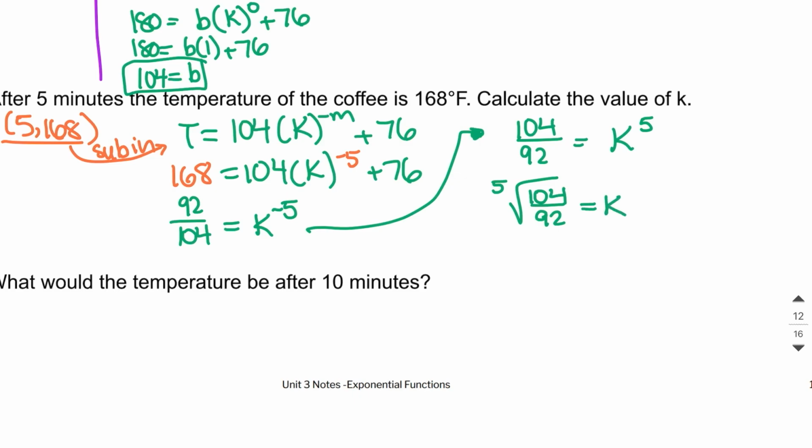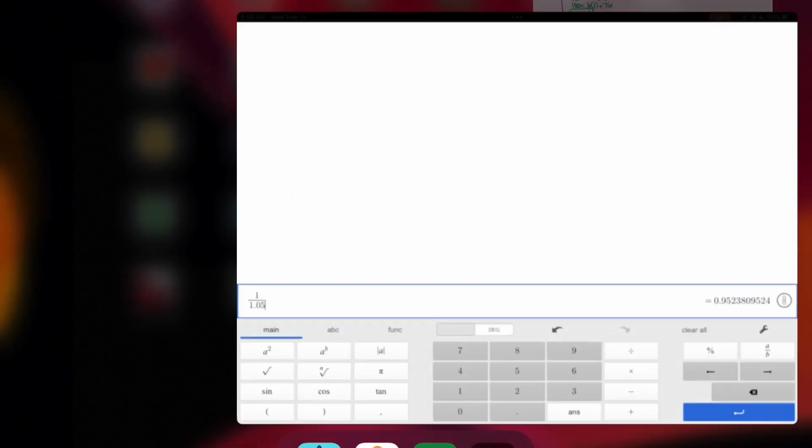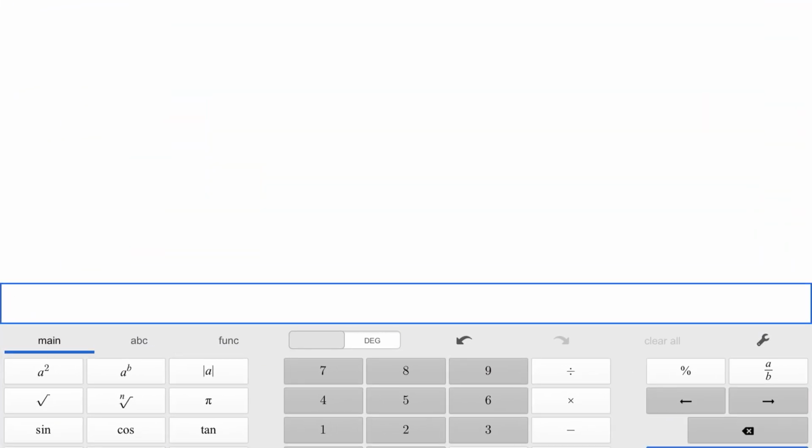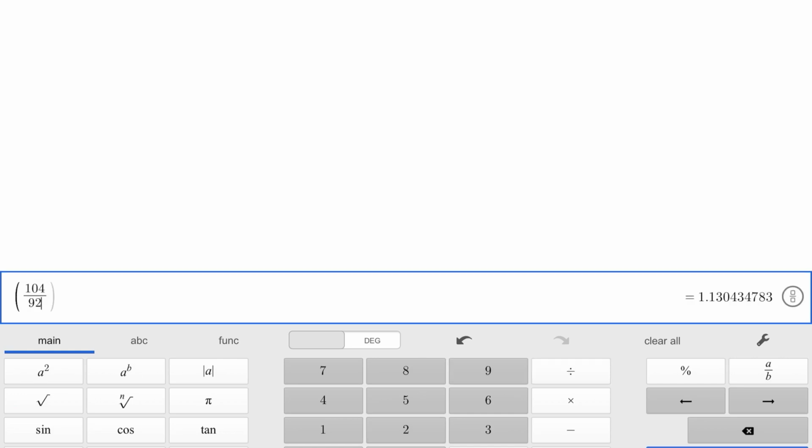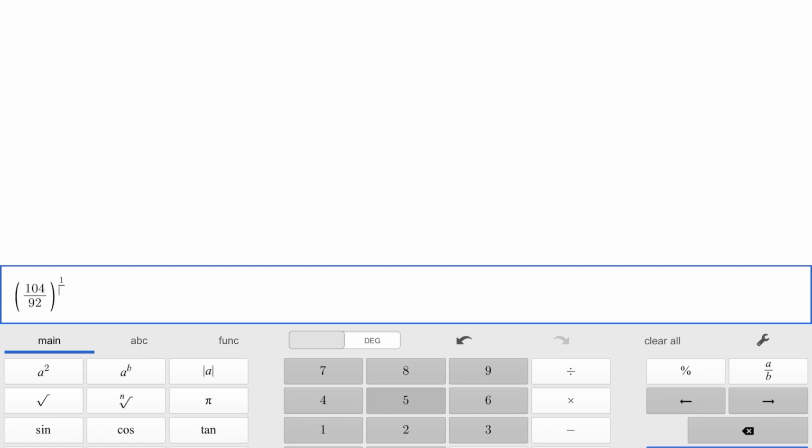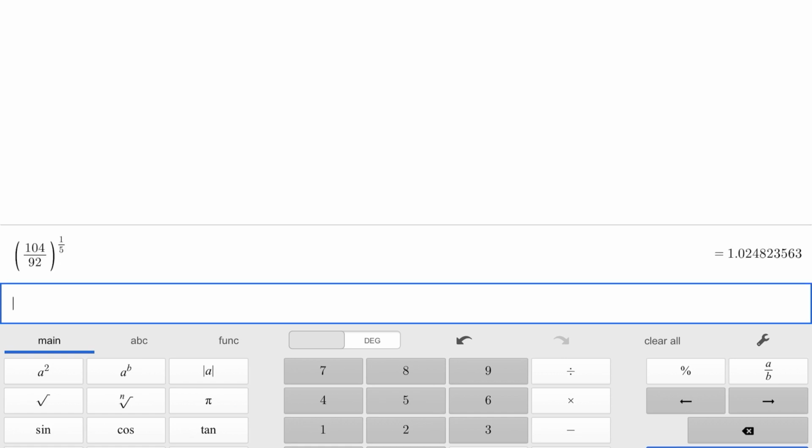And now I would type that into my calculator. So now I have two options. I could either write 104 over 92 to the power of 1/5, because the fifth root means I'm raising it to the power of 1/5. Or if your calculator has the button, we could do the fifth root of 104 over 92.